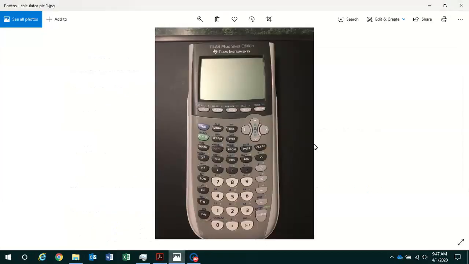So here I have a picture of my TI-84 Plus Silver Edition that I got several years ago, and you can see here is capital LOG and here's capital LN. If I wanted to calculate the common log of a number, I would press the LOG button. If I wanted to calculate the natural log of a number, I would press the LN button.